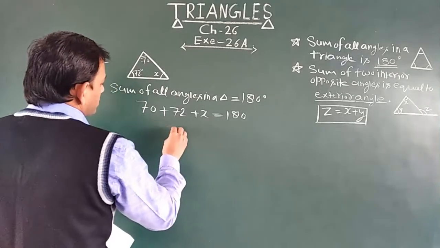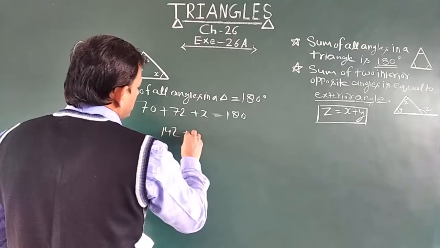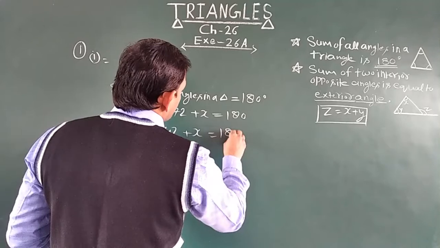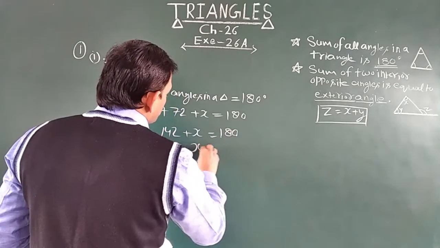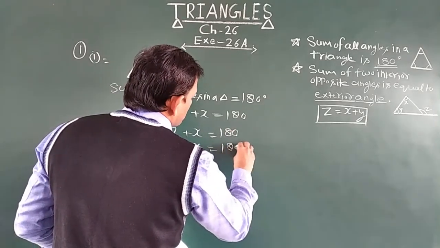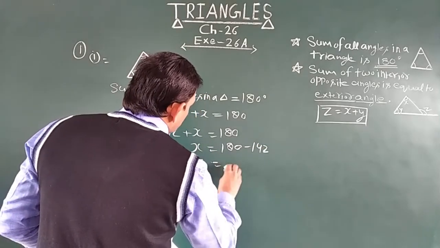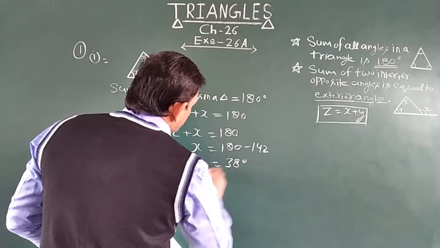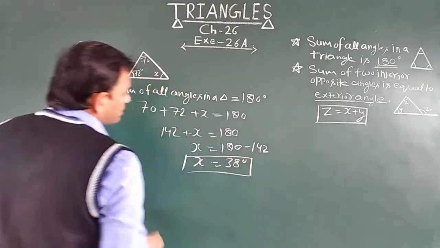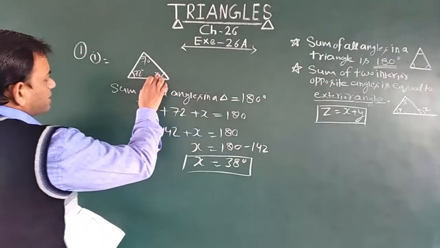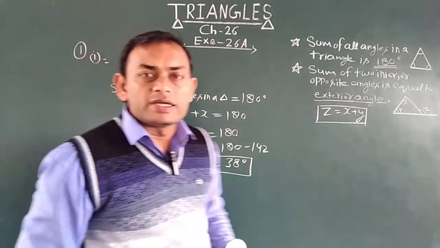Then you add it, so it will be 142 plus x is equal to 180. Then x is equal to 180 minus 142. Then x is equal to 38 degrees. When you subtract, you will find 38. So the value of this angle is 38 degrees.